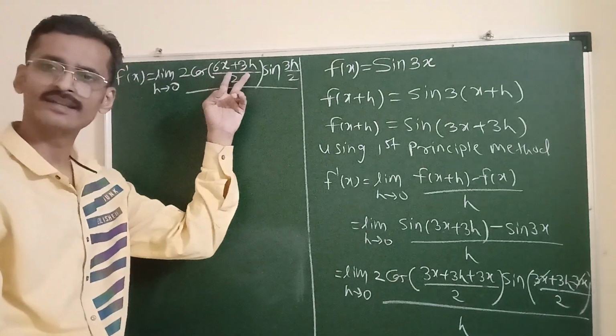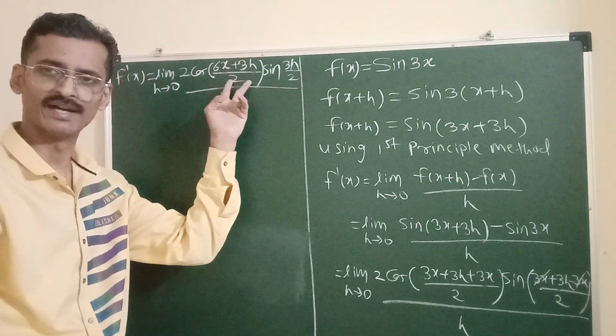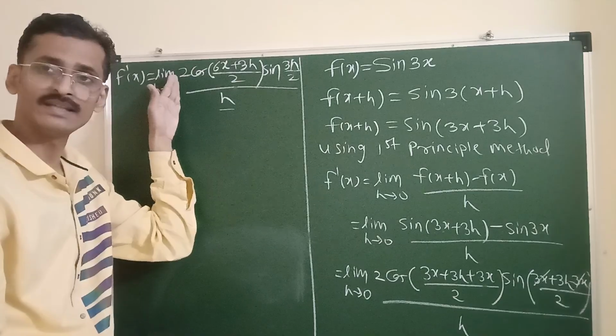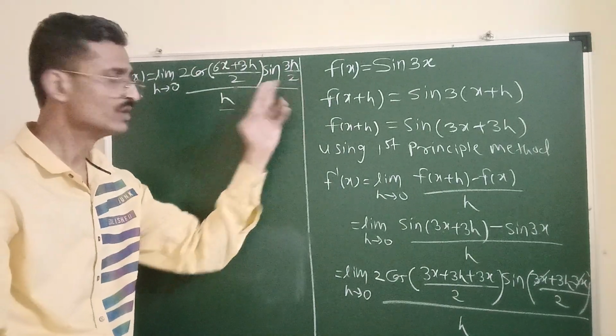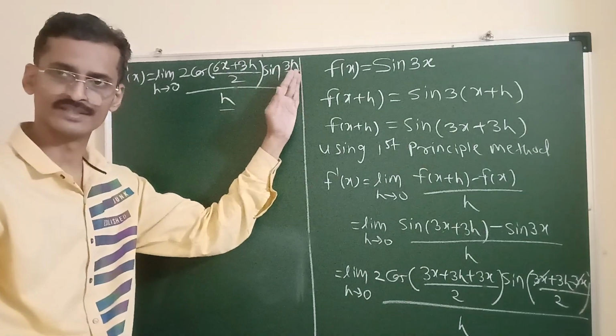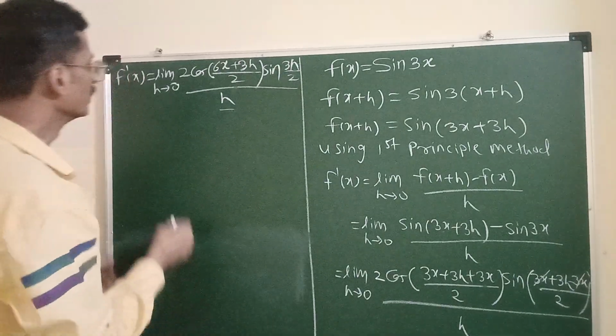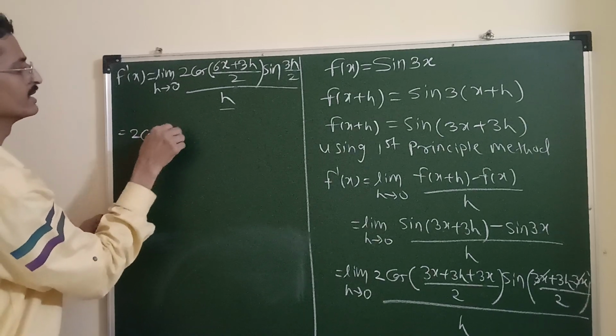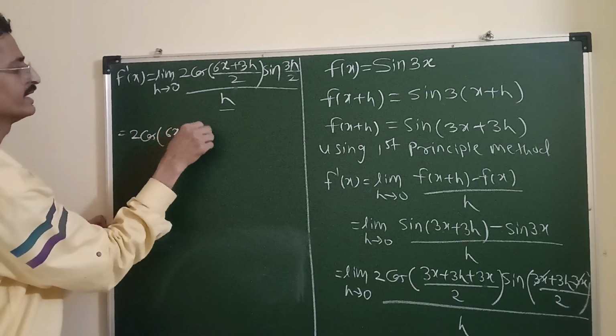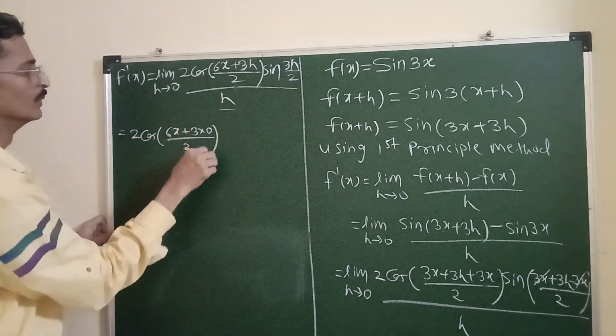Here we can put h equal to 0 in this cos part. So let us write this separately, and write this h with the sine part. So 2 cos of 6x plus 3 into 0 upon 2.